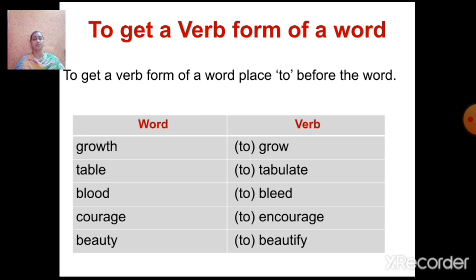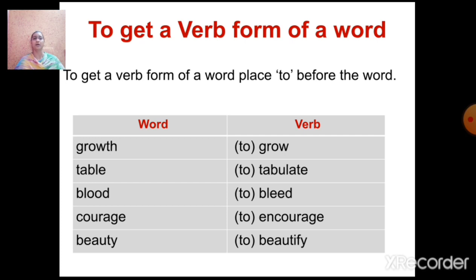So, growth is a noun. Then, the verb form will be, I like to grow plants. So, for the given word growth, the verb form will be grow. Right? Now, the next example is table.